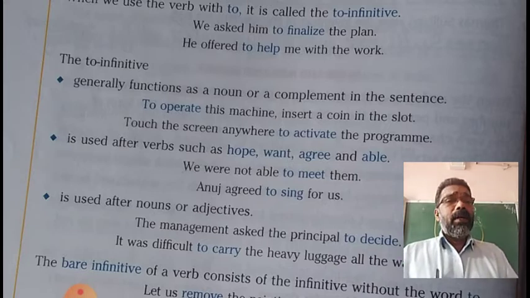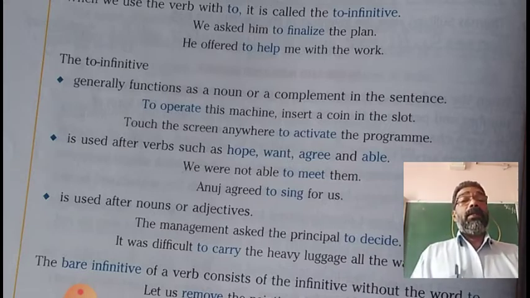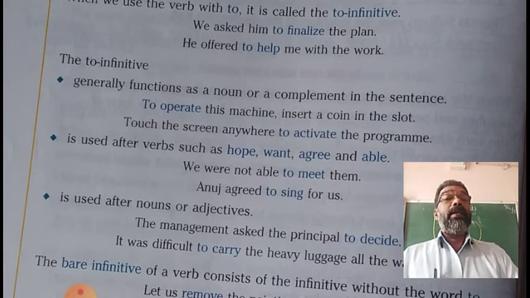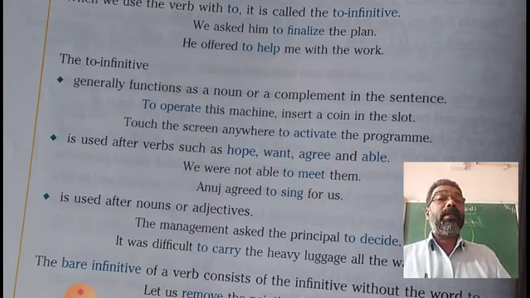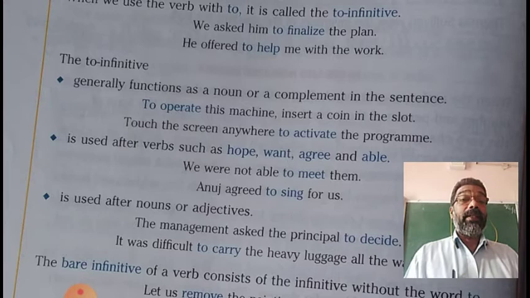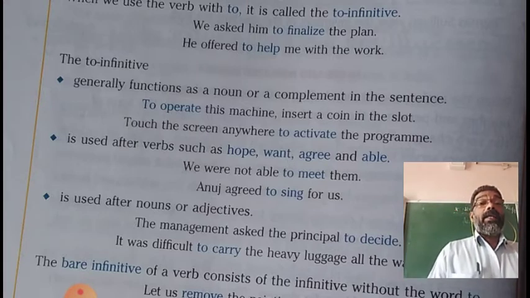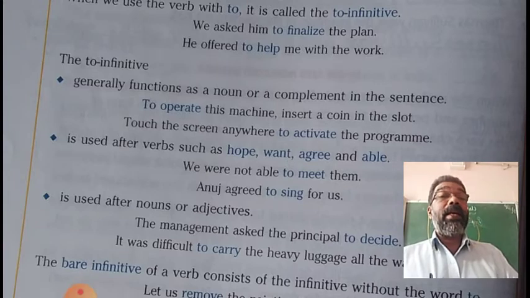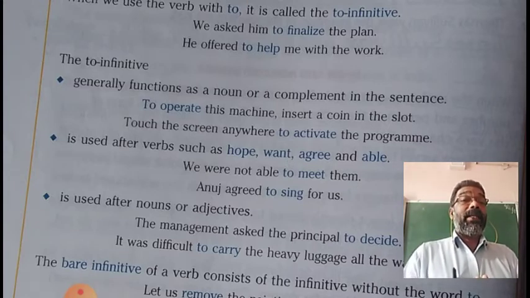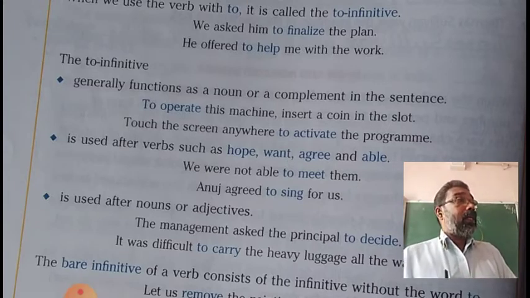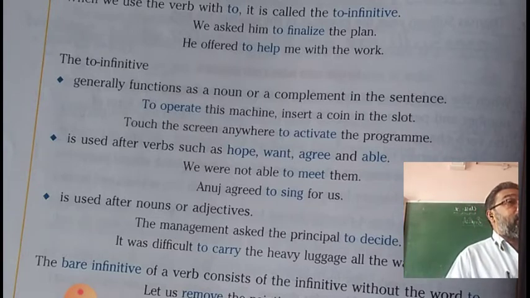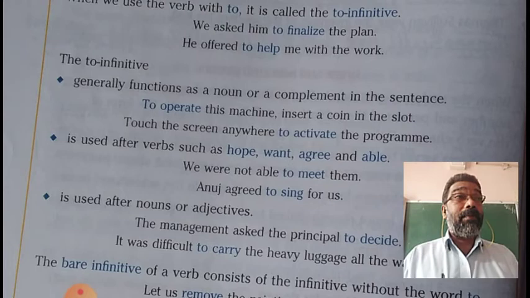Now, if some more things were made clear, then this entire sentence would be vivid. So, a complement: to activate the program. "Touch the screen anywhere" itself gives us complete meaning. That means it is an imperative sentence. Something may happen after it.